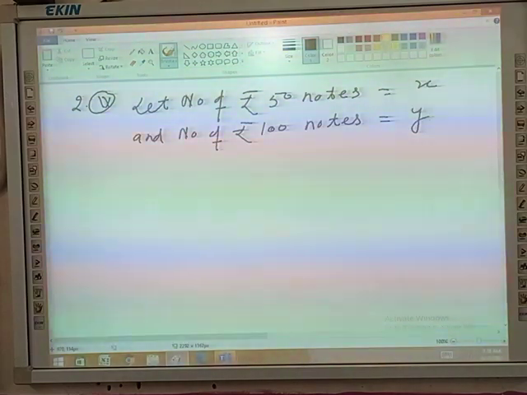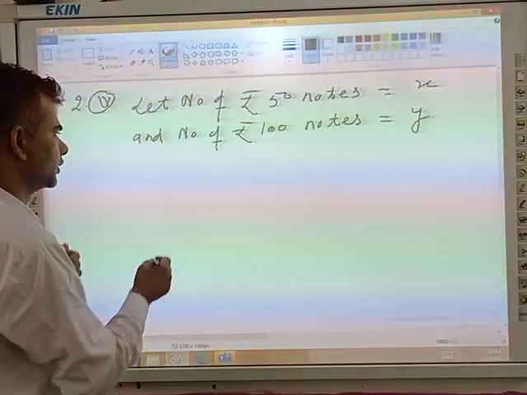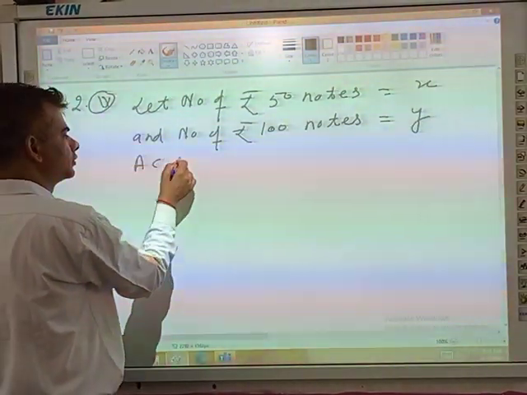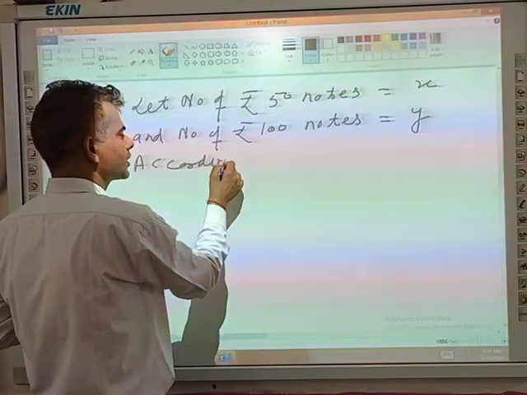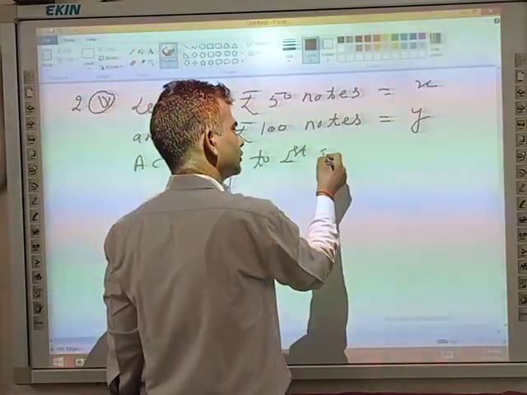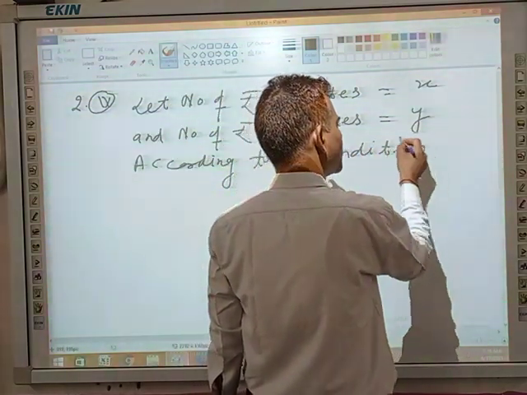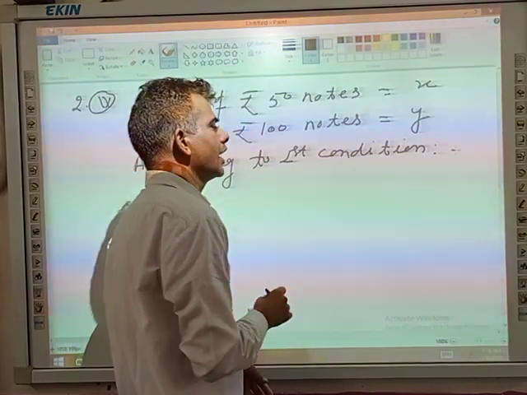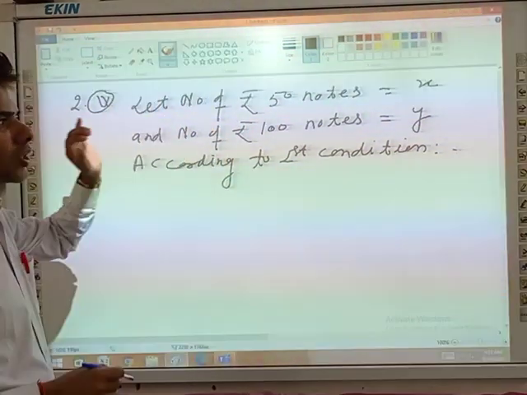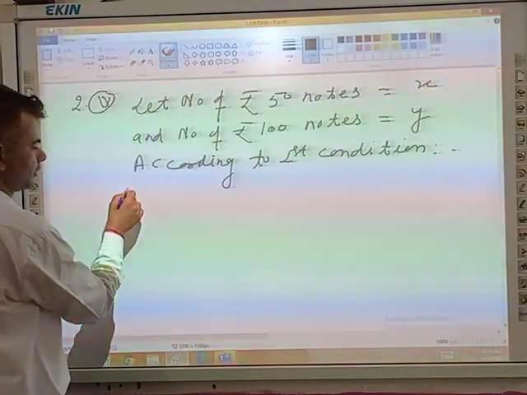Students, if 50 rupees notes are x, then what is the amount, according to first condition? Friends, here 50 rupees notes are x, so the amount will be 50x.